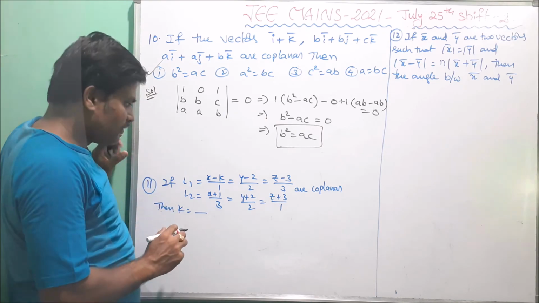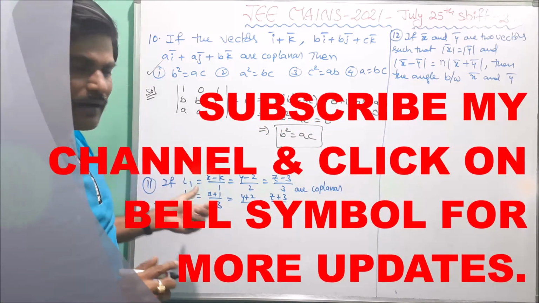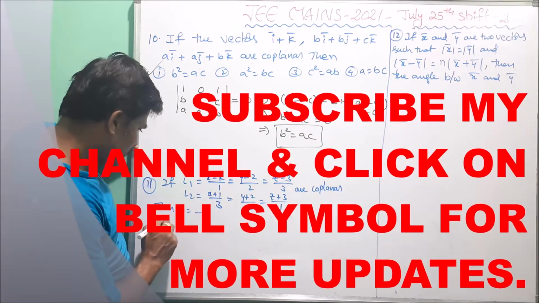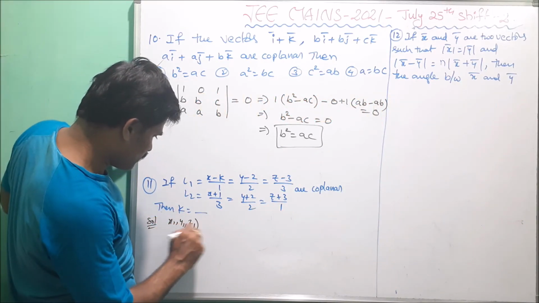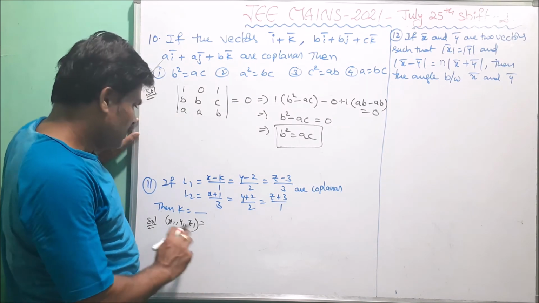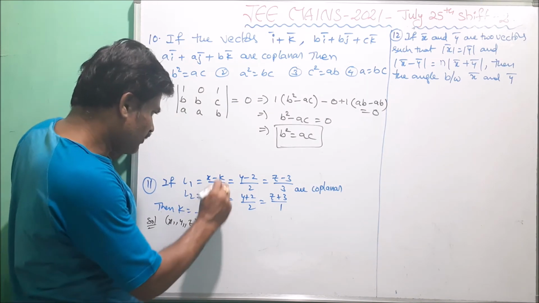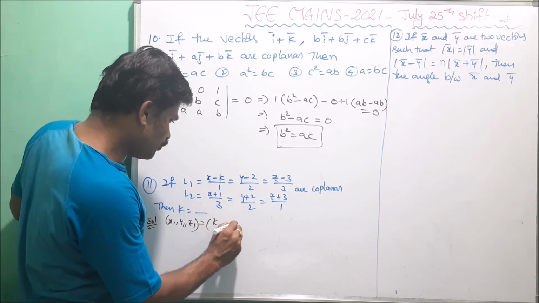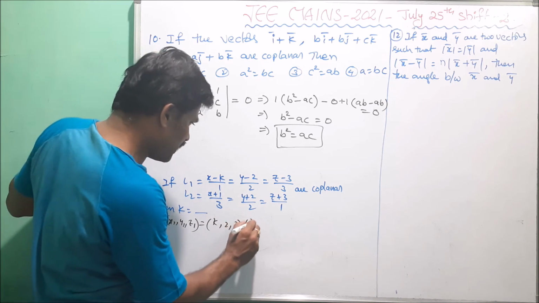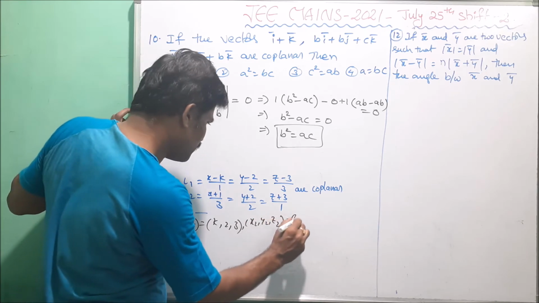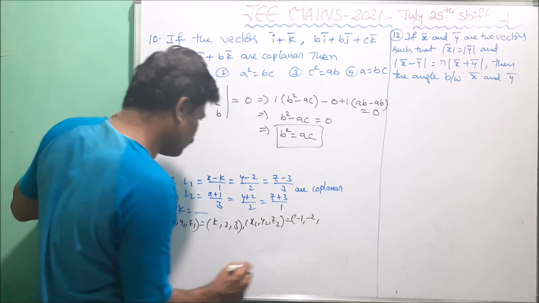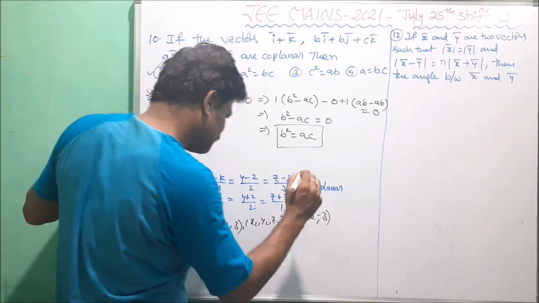Similarly, in the second one, the given two lines are coplanar. Now we take x1, y1, z1, which is k, 2, 3. Similarly, x2, y2, z2, the point is minus 1, minus 2, minus 3.